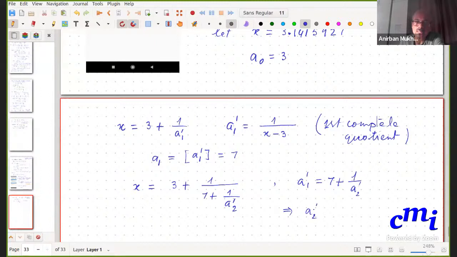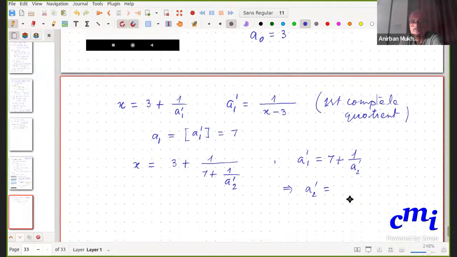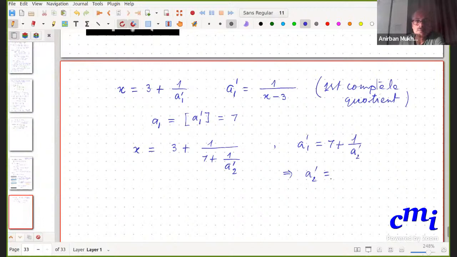And a2 dash can be then calculated. You can write it, of course, as a1 dash minus 7, and a2 is now the integral part of a2 dash, which turns out to be 15.